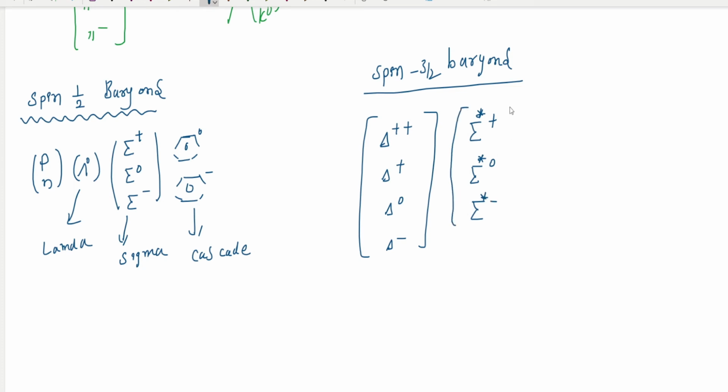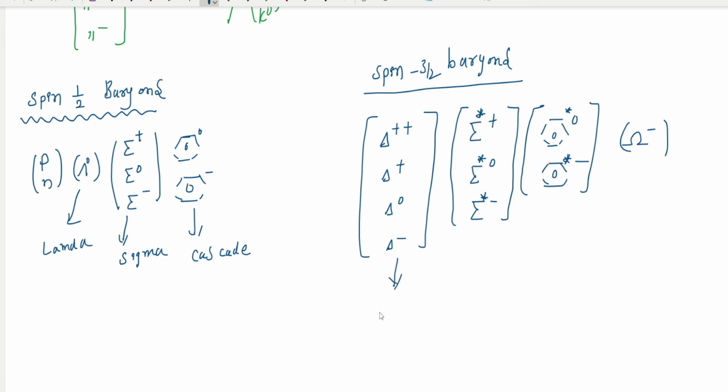These are also spin 3/2 particles. And these benzene-structure-like particles are the cascade particles, xi star 0, xi star minus. And the final one is omega.